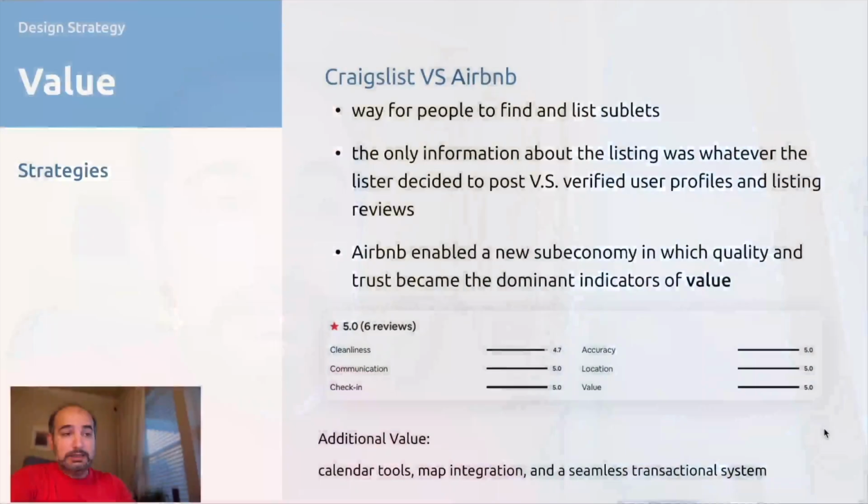So basically, you could make sure that the profile of the person that you see is a verified user profile. You could see user reviews about all the details, location, cleanliness, communication, everything. And that also created trust.